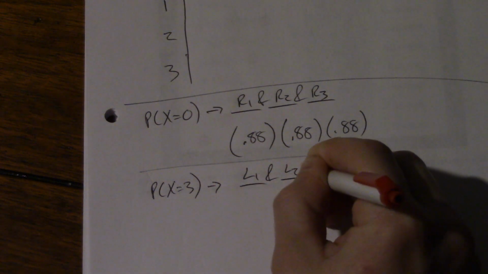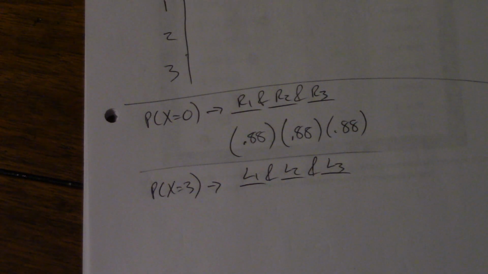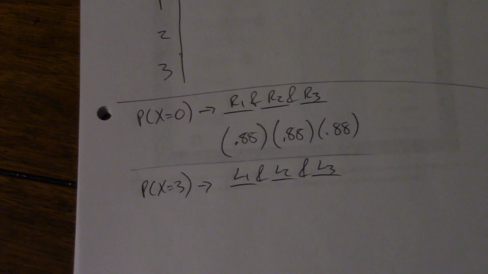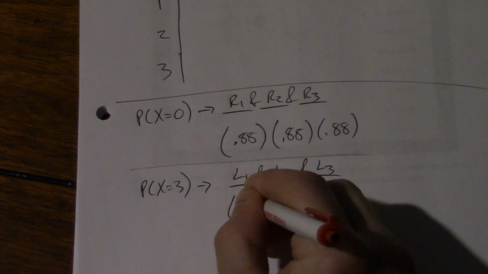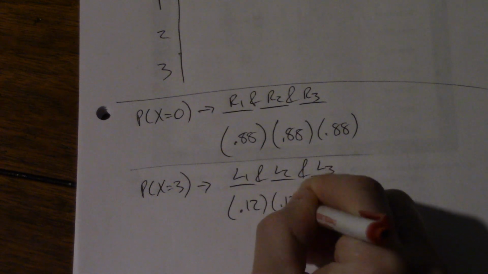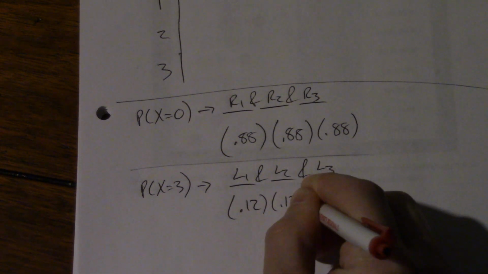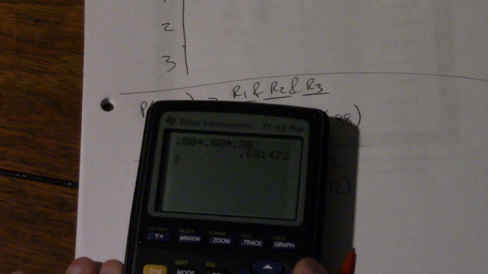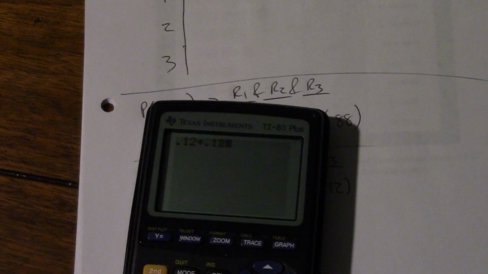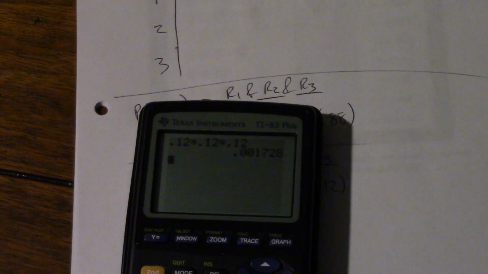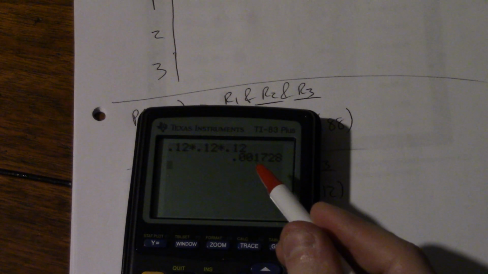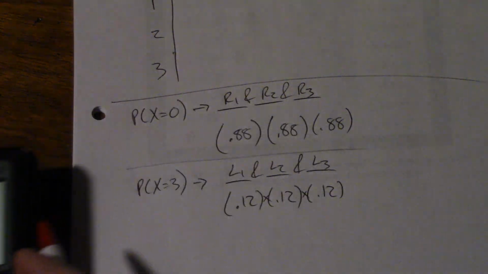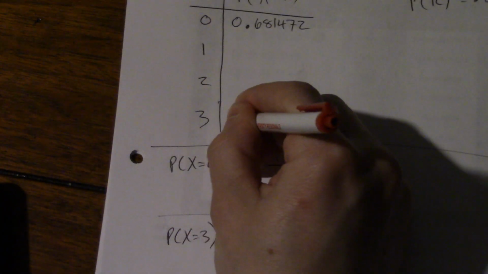Left and left and left. Again, the probabilities remain the same. So we have 0.12 times 0.12 times 0.12. So we get a pretty small number, 0.001728. But again, this was x equals 3.